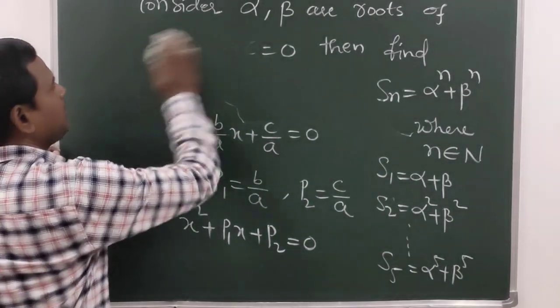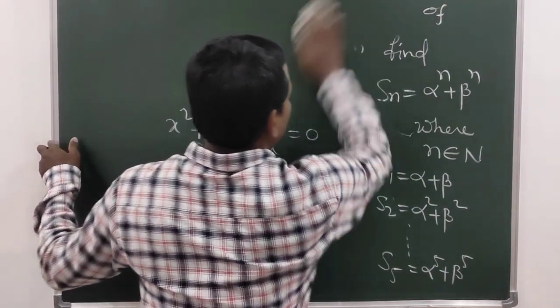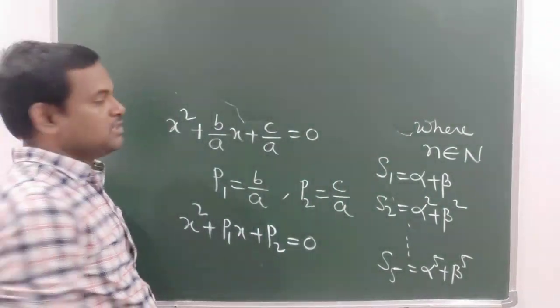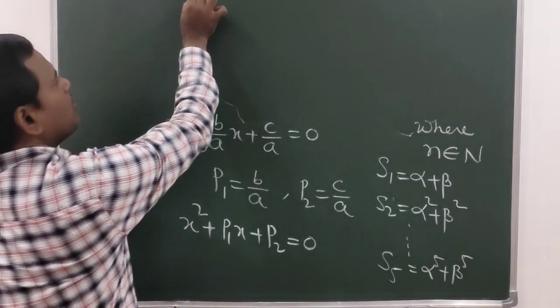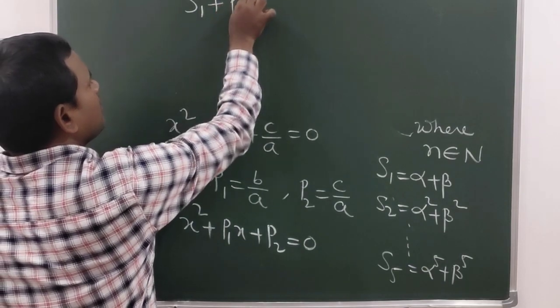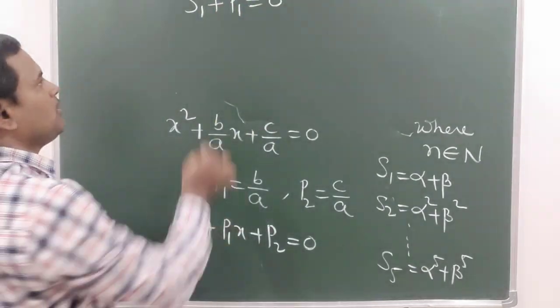In the next step, you have to remember the steps. See how I am writing. S1 plus P1 equal to 0.